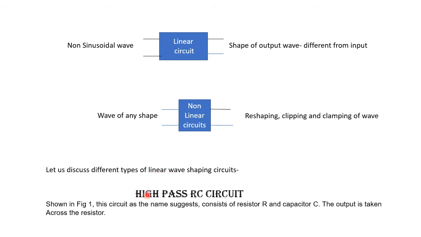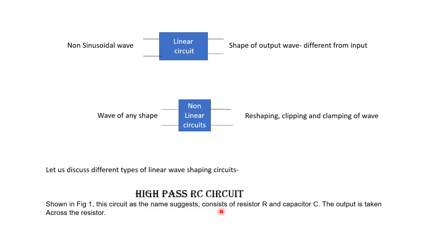The first example of a linear circuit which we will discuss in detail is a high-pass RC circuit. In the forthcoming slide, we have shown the circuit of a high-pass RC filter.